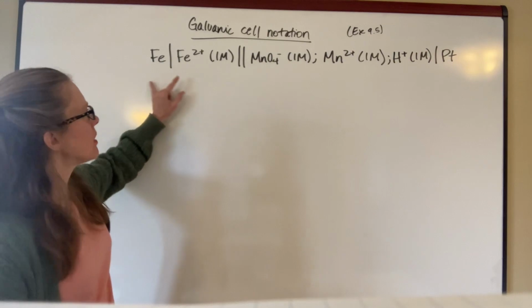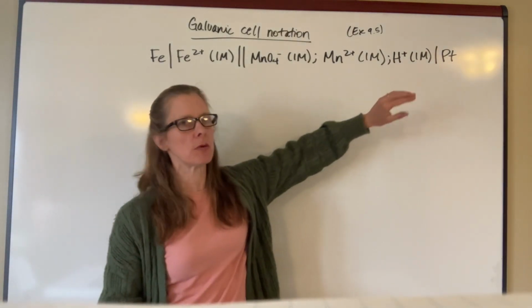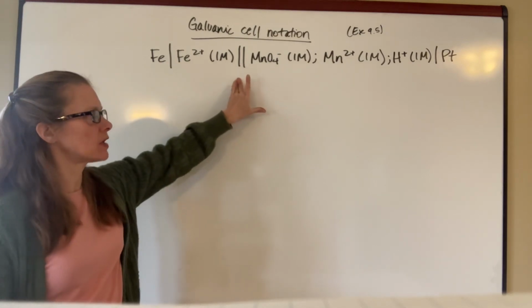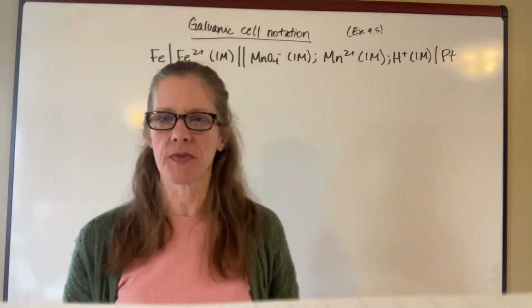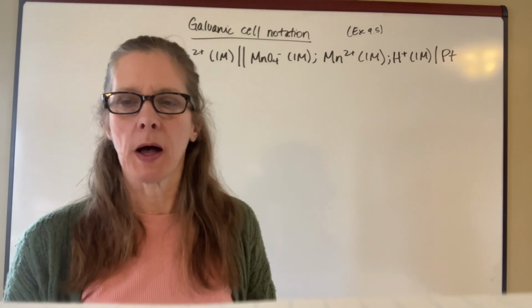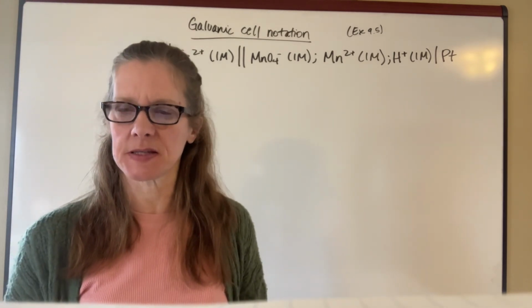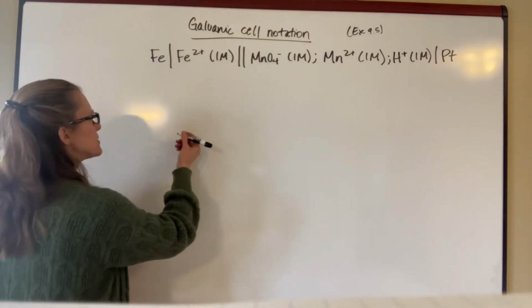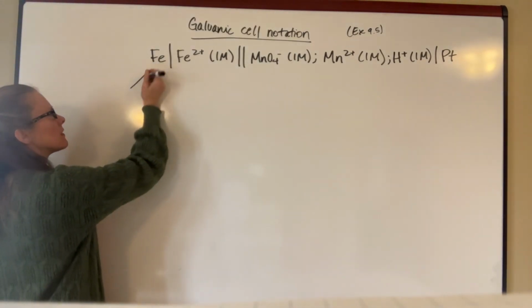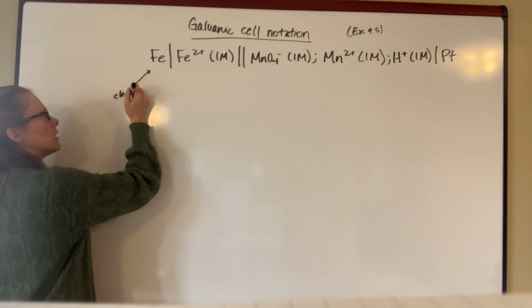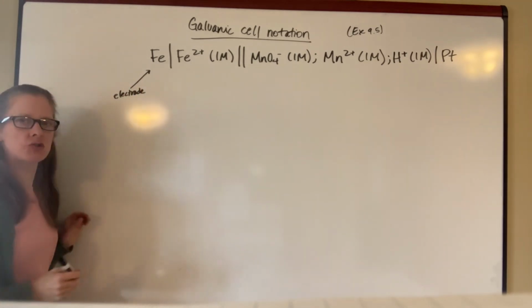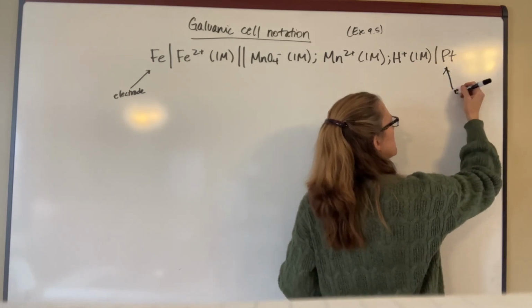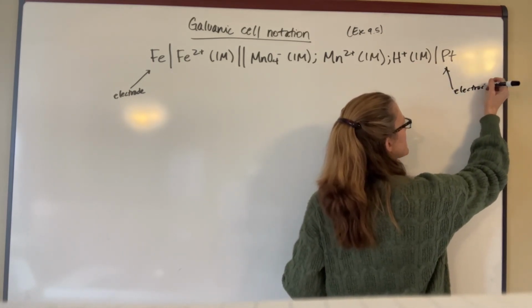We can see all of these different chemical elements in here, and we can see straight lines and double straight lines. What does all that stand for? When we have a galvanic cell, the electrode always comes first, and for the other side, it comes last.